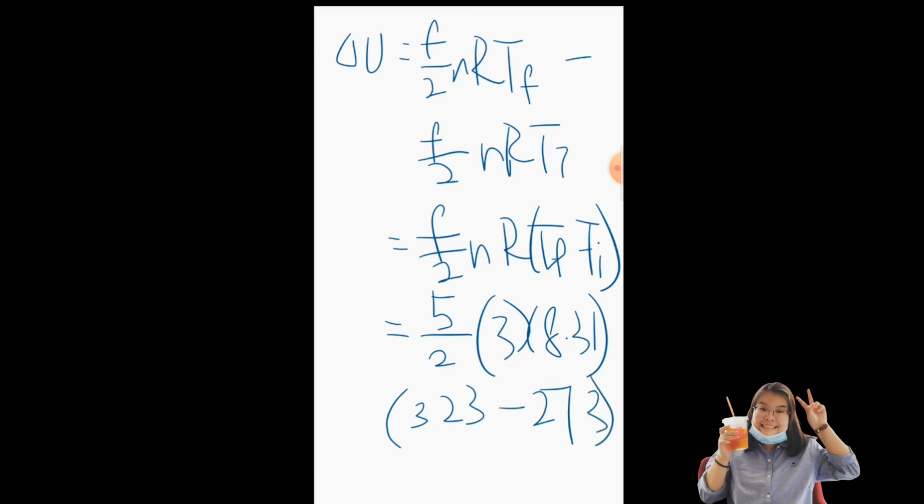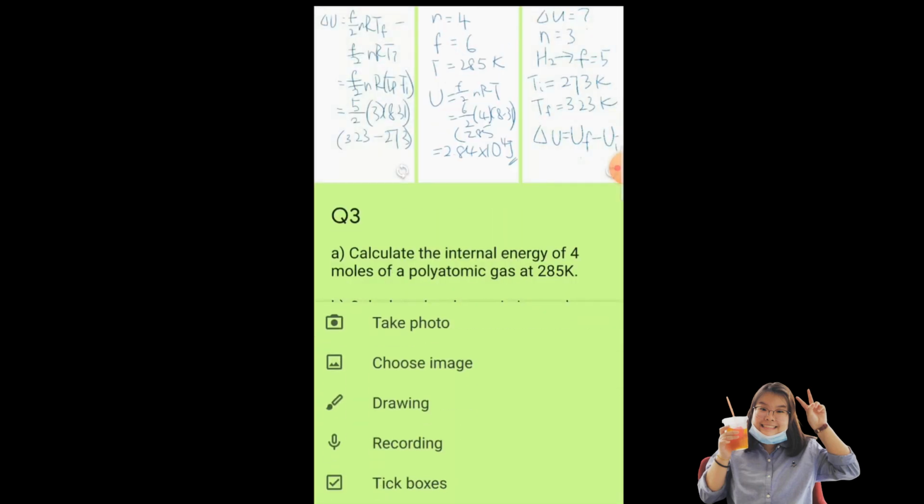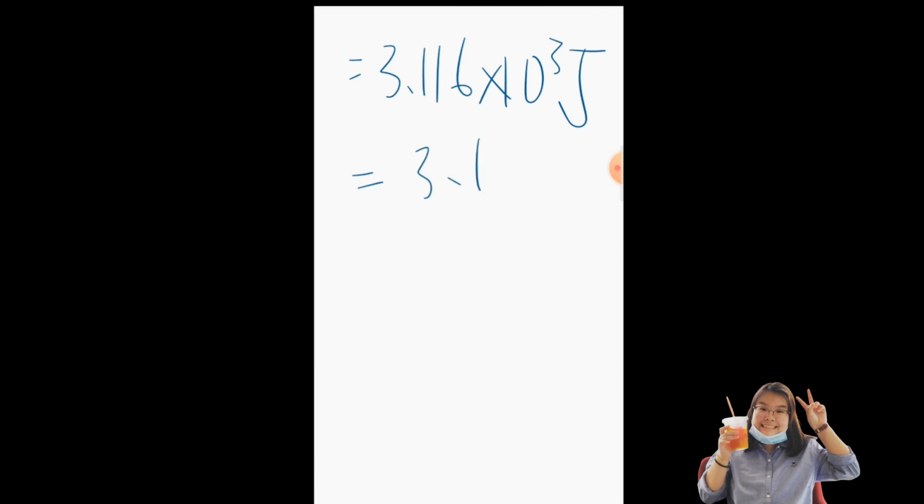So we can get an answer of 3.116 × 10^3 joules. Another way around, we can write it as 3.116 kilojoules.